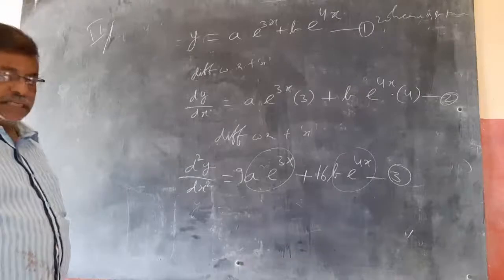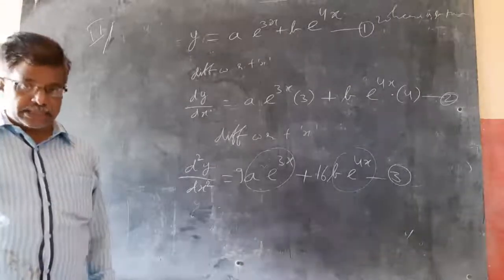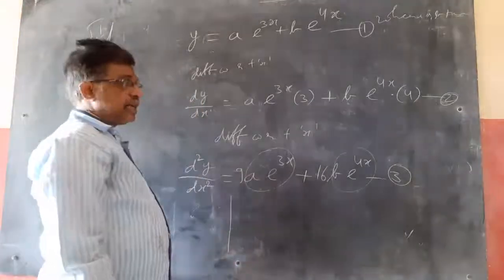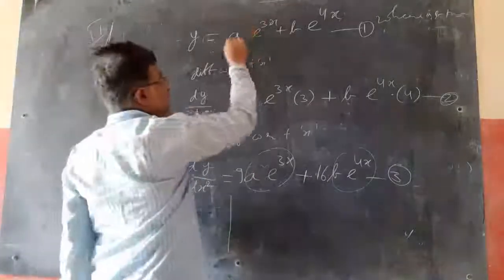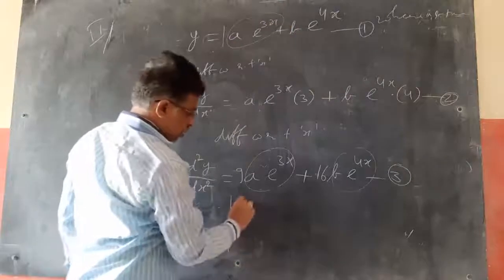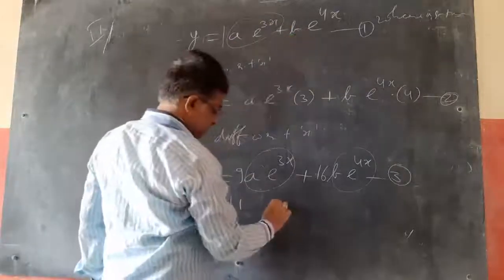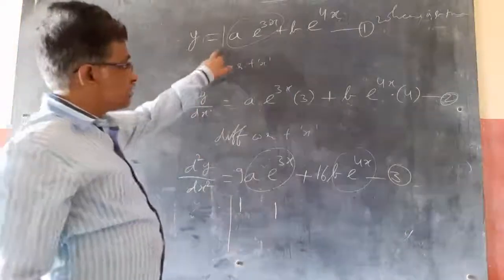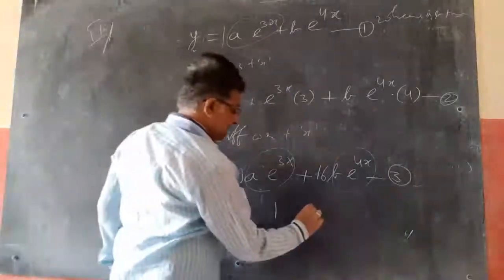Another method is the determinant method we learnt in matrices. Take the determinant: the coefficient of a is 1, the coefficient of b is again 1, and here y.